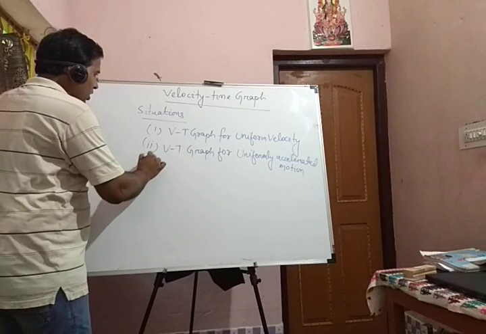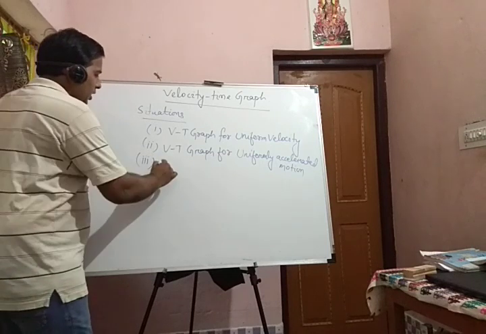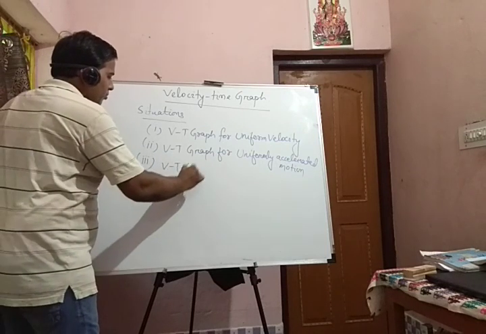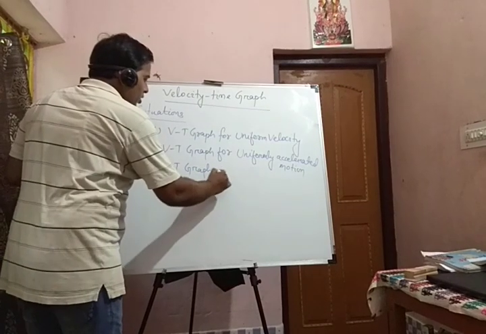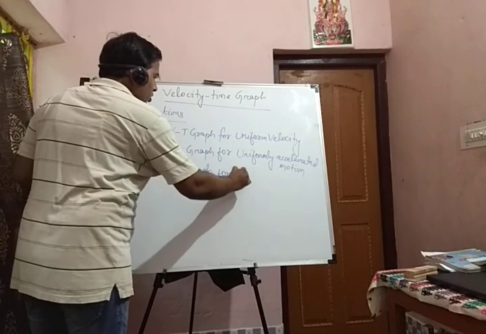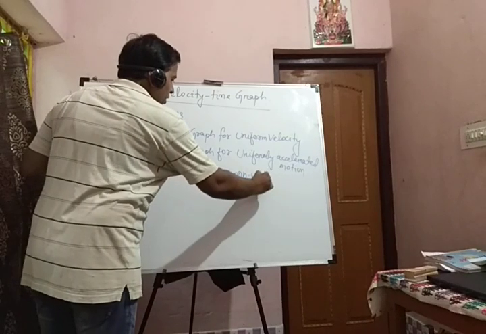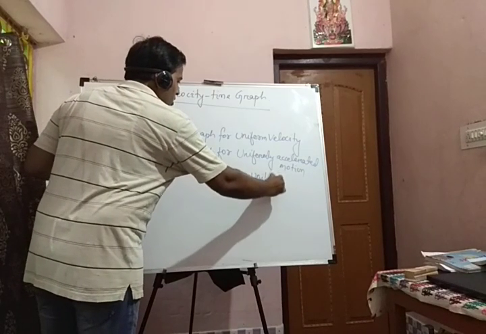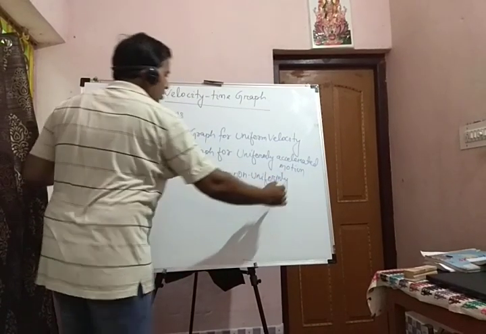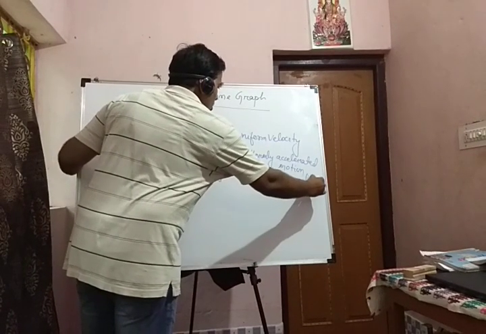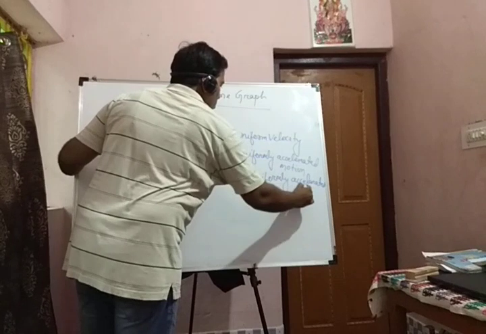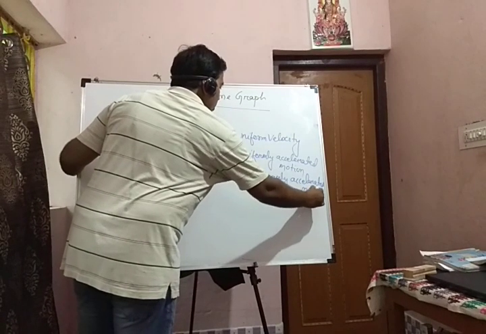And situation 3 or case 3, that is the VT graph for non-uniformly accelerated motion.